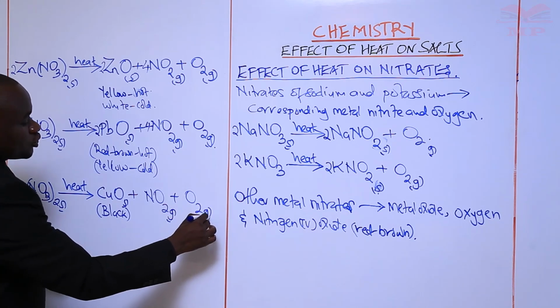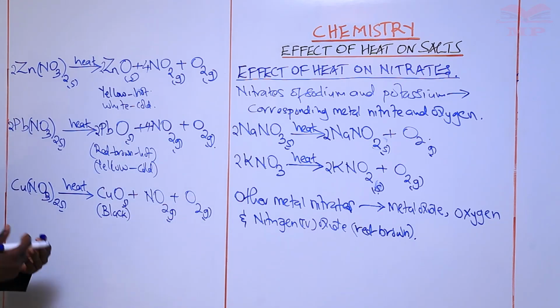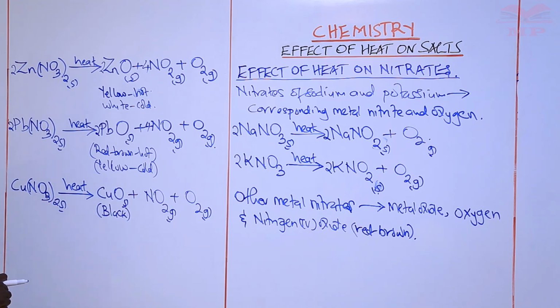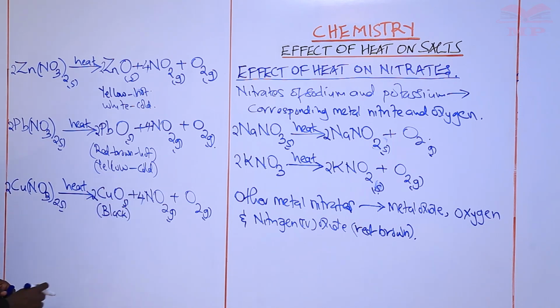Lastly, oxygen. Remember, we have said nitrogen 4 oxide is a colored gas, so it can be seen, putting in mind that the gas is red-brown in color. So we balance once again. Put 2 here, then 2, and then 4 on nitrogen 4 oxide.